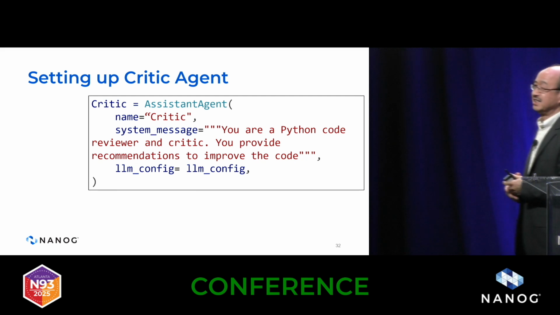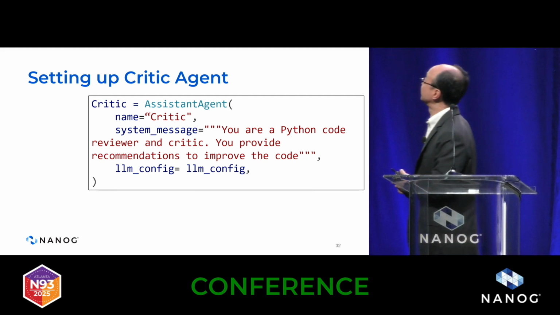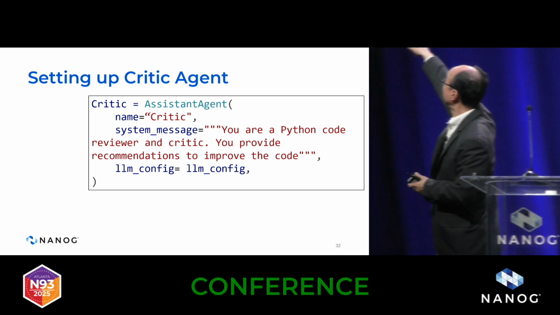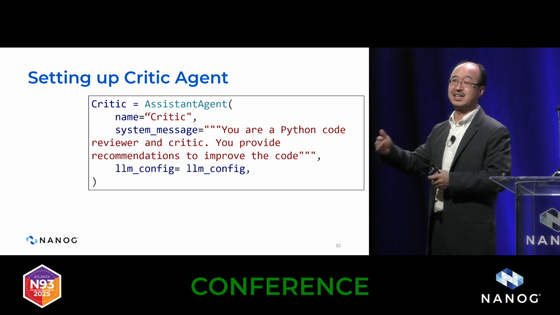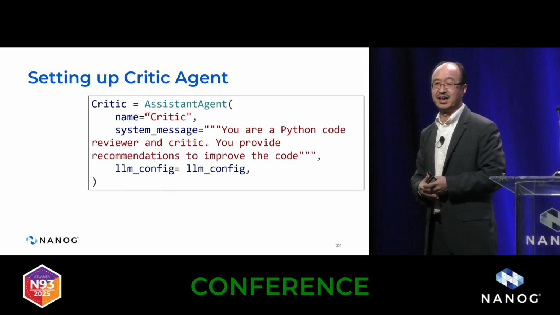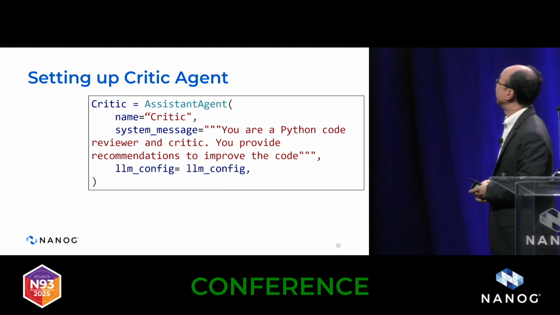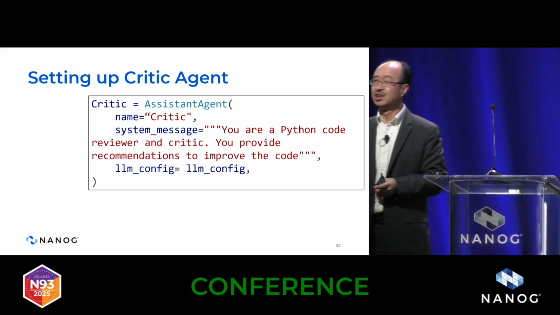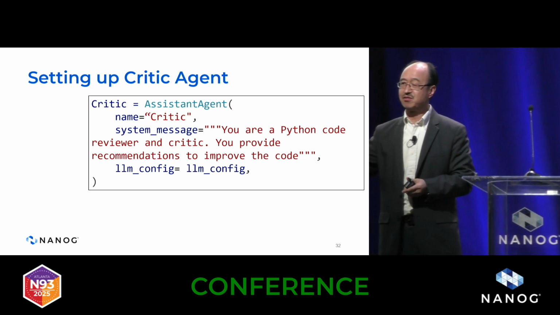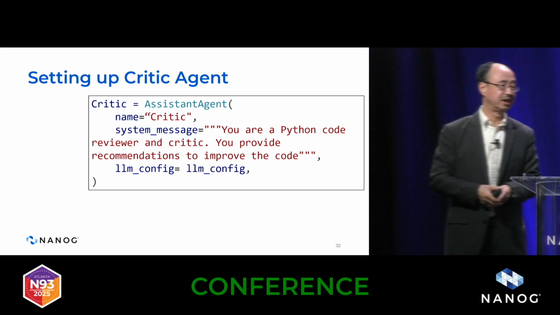And it's not forbidden for you to do because critic agent is a Python code reviewer and critic, right? So the critic agent can also fix code. But the main thing we want the critic agent to do is to review the code, make recommendations to the code.